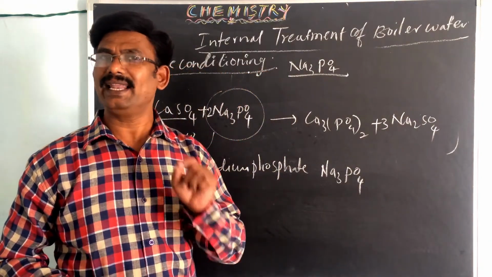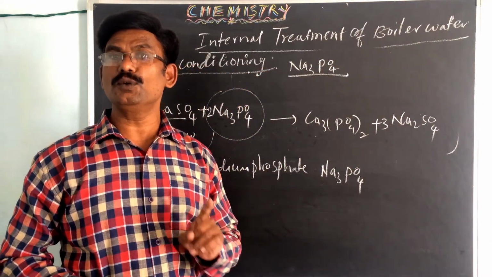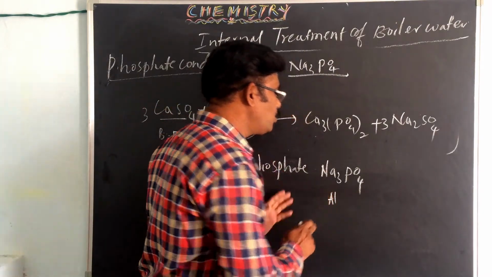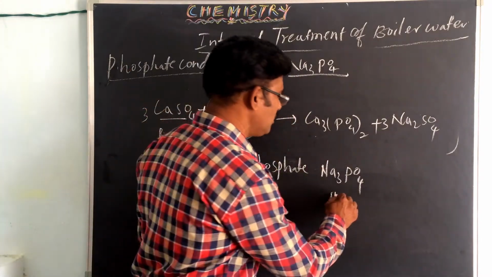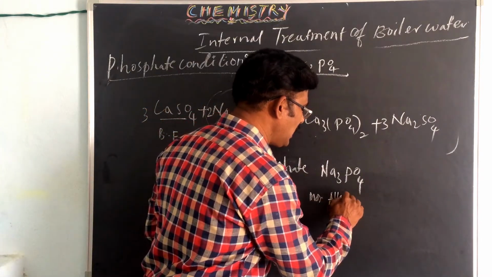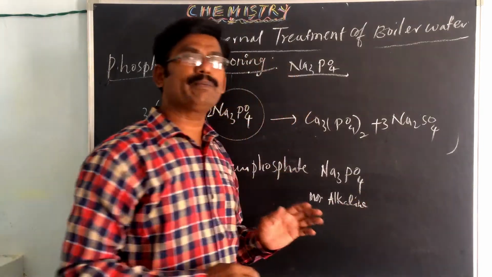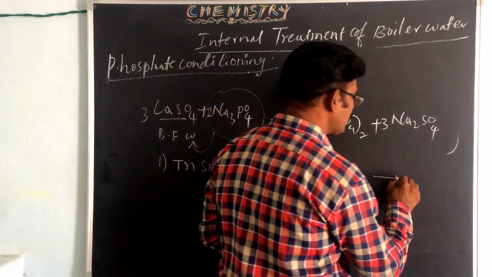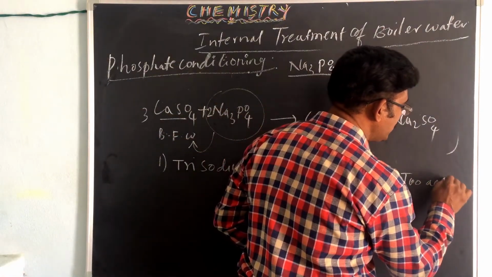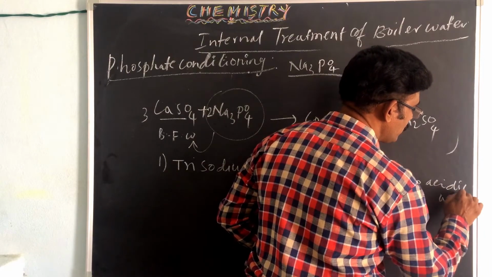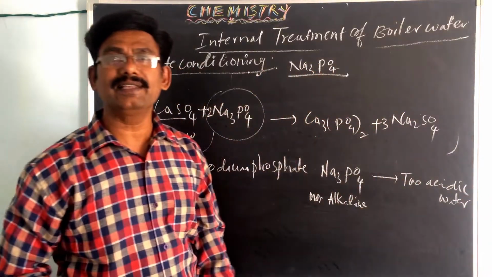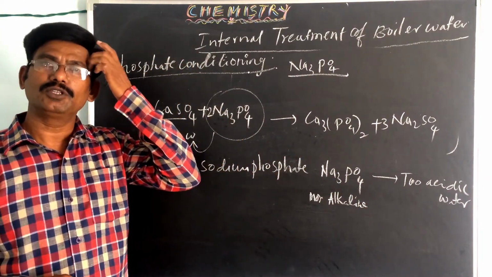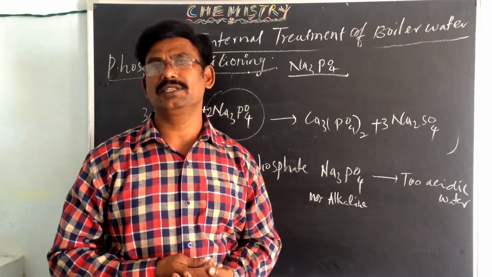It is a more alkaline compound, because 3 sodiums mean it is more alkaline. So for what purpose do we use it? It is used for too acidic water. If too much acidic water is there, we have to use this compound, Na3PO4.